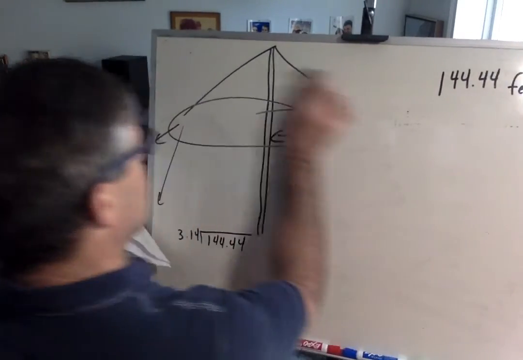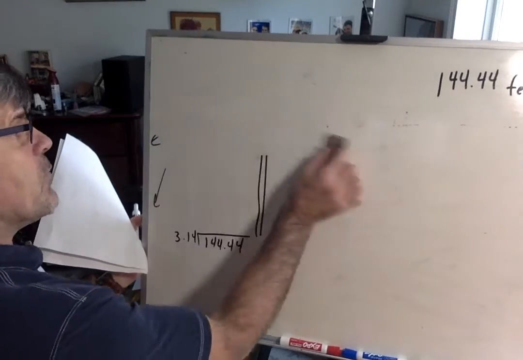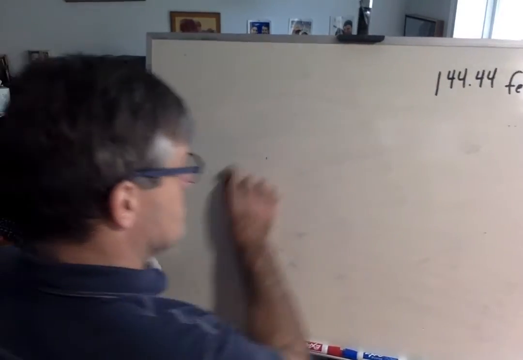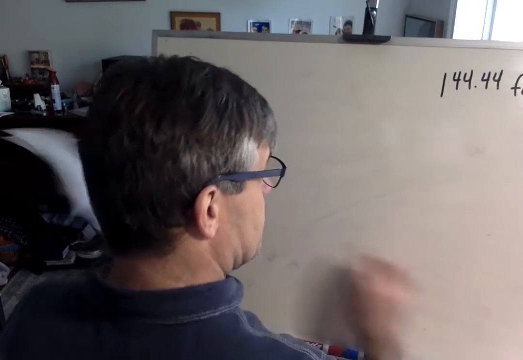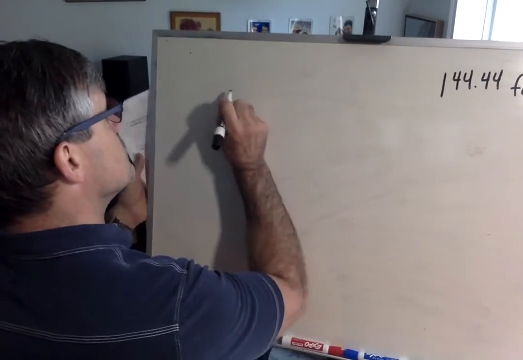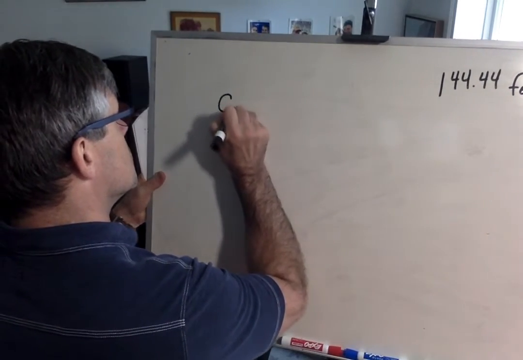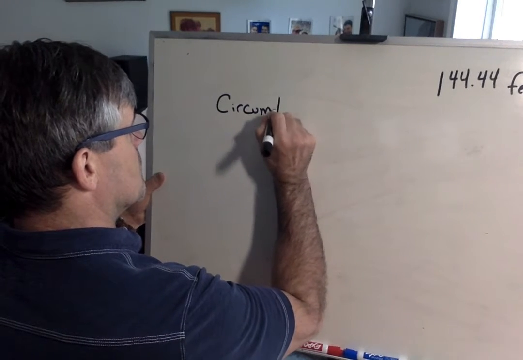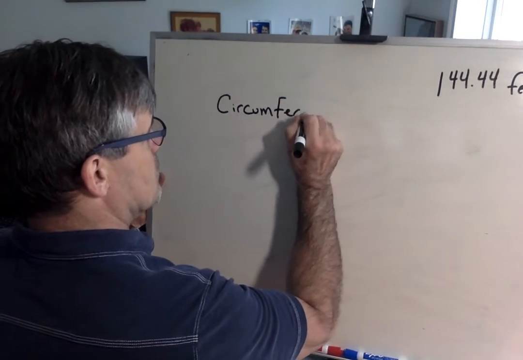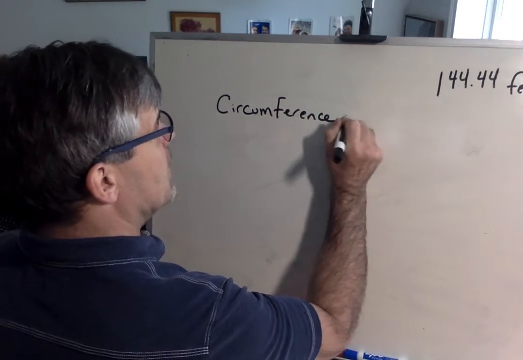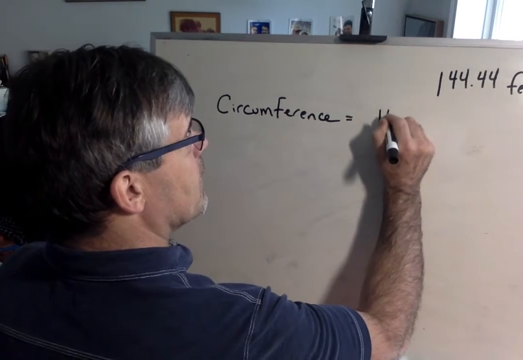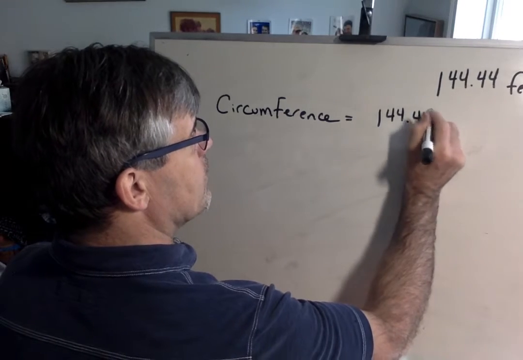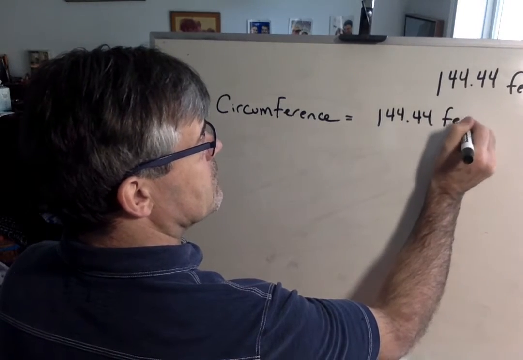So what we're going to do, we'll forget about all that stuff, but we're still going to work on the problem. So we're saying that the circumference equals 144.44 feet.